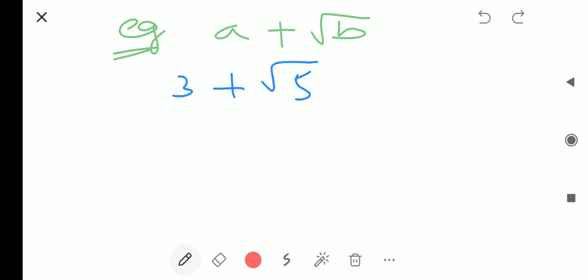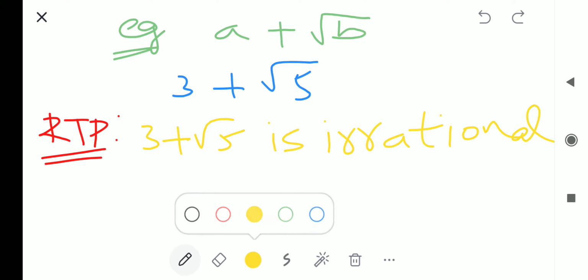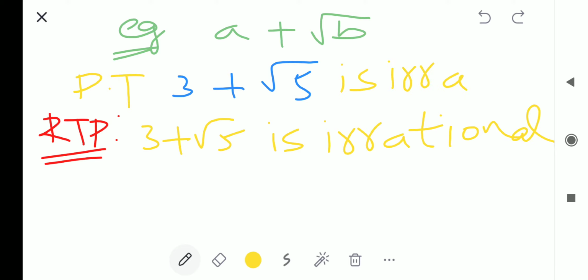What I should prove here, RTP, is that 3 plus root 5 is irrational. In the exam, they will ask: prove that 3 plus root 5 is irrational.